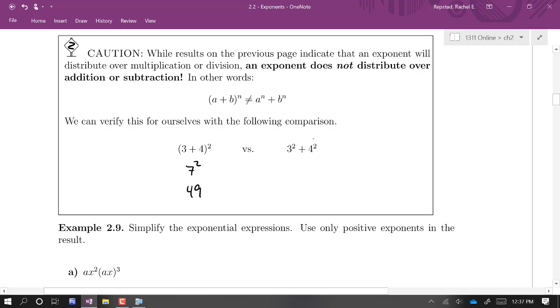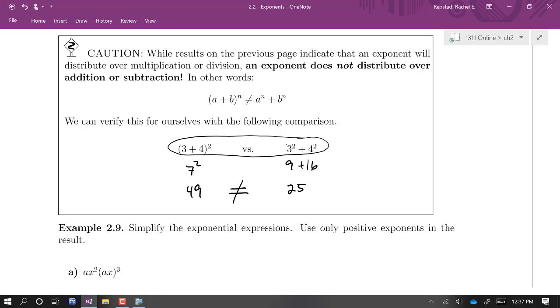On the right side, 3 squared plus 4 squared is 9 plus 16, or 25. And I think we will all agree that 49 is not equal to 25. So these expressions are not equal. We cannot distribute an exponent over addition.